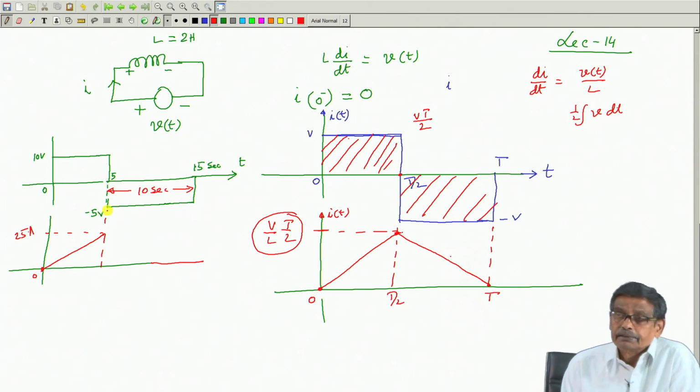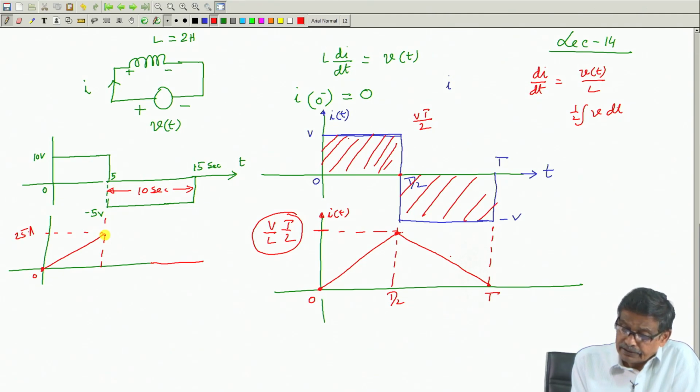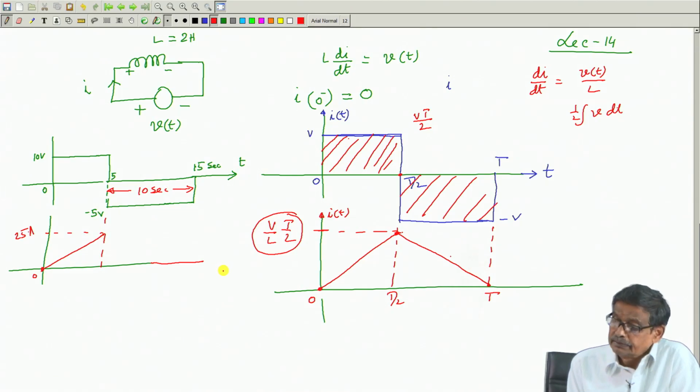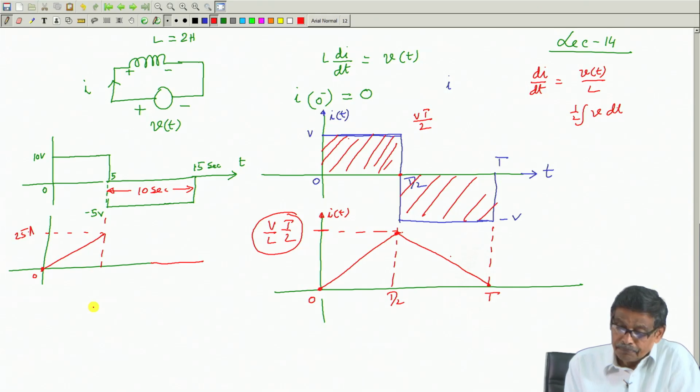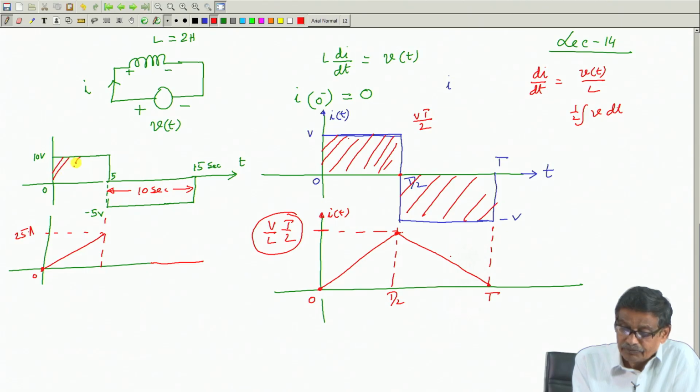You have applied a negative voltage. Therefore, inductor current has to decrease, because V has become negative, dI/dt will decrease. Now, I will not do any mathematics, you can write down and get it, but what I am telling, during this positive cycle of the voltage applied, positive half, you have spent how much volt second? 50 volt second.